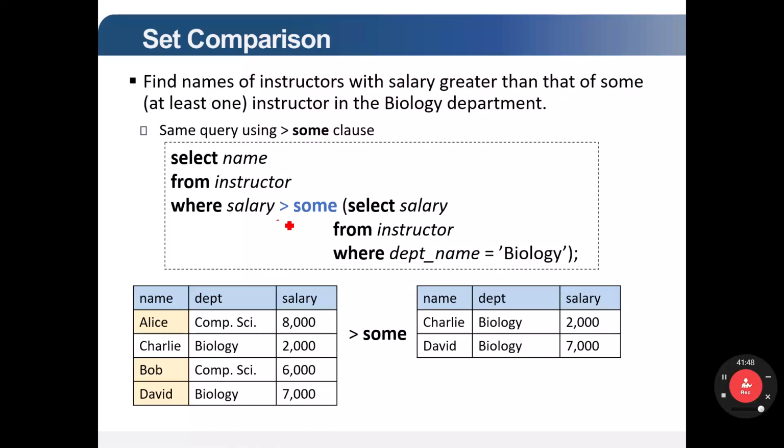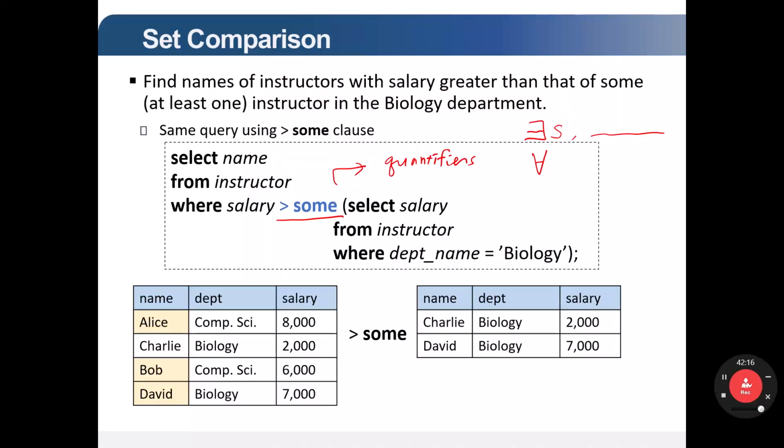Here we have another operator that can be used for nested queries. Sometimes this type of operator is called a quantifier. You know, in set theory, we use this symbol to say some element satisfies a predicate condition, right?